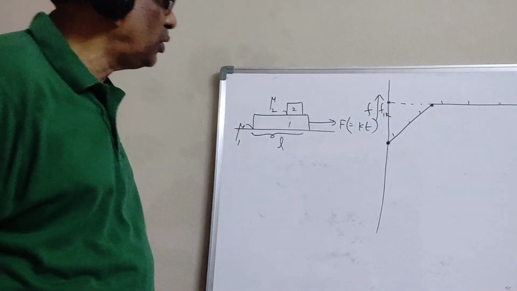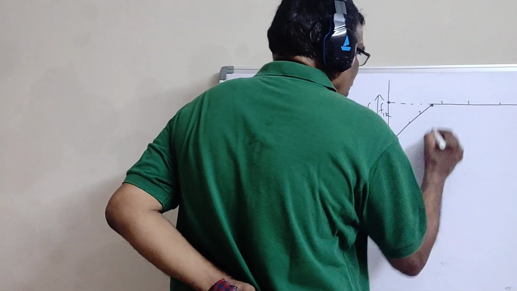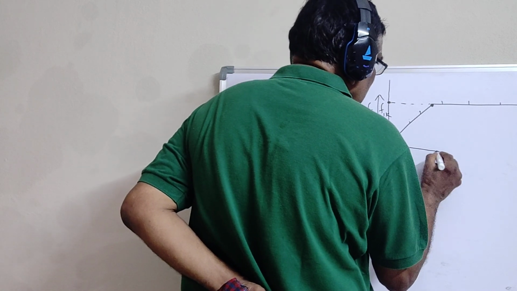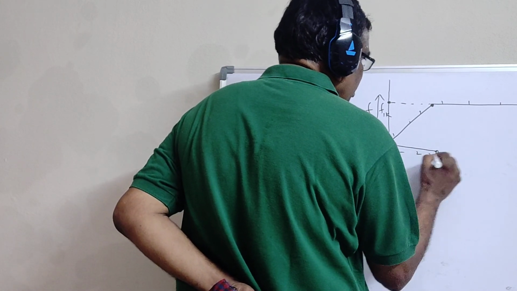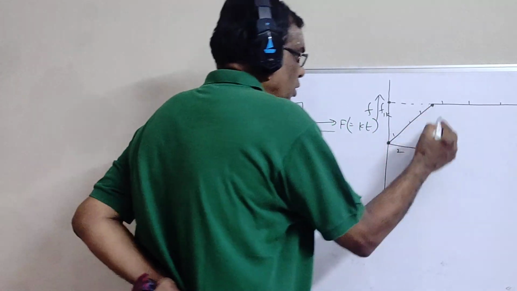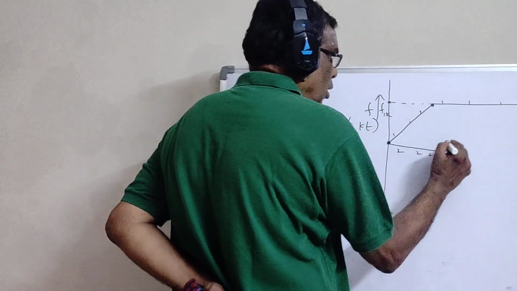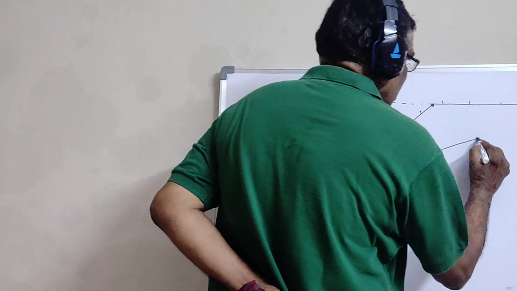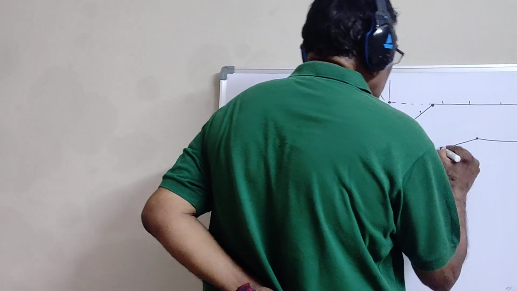Then what about the F2k? F2k, till this body moves, is 0. And then we found out its slope was not like this, and it will go like this.